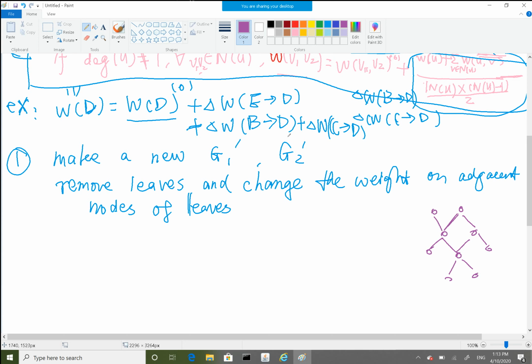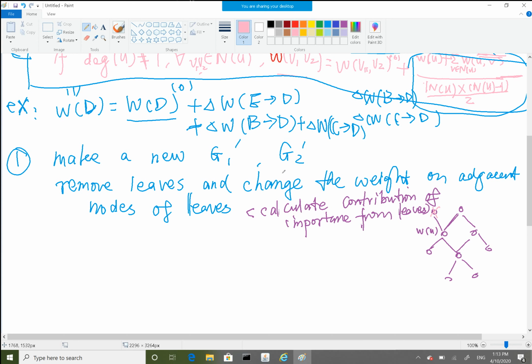First, you need to calculate the weight for each node U. The goal of the first step is to calculate the contribution of importance from leaf nodes. So let's say we delete this node.